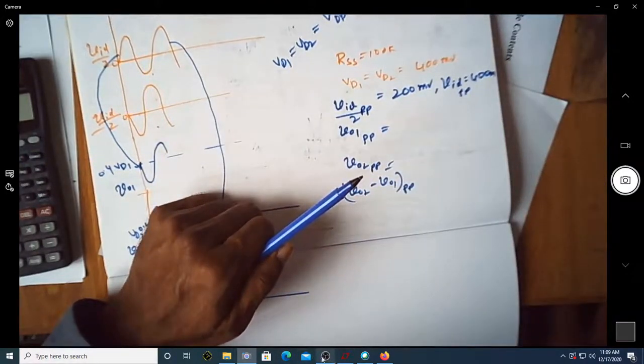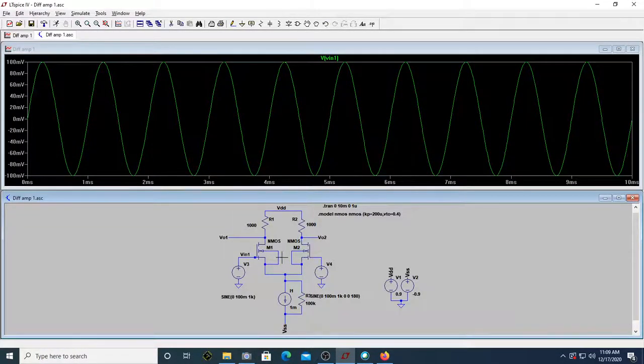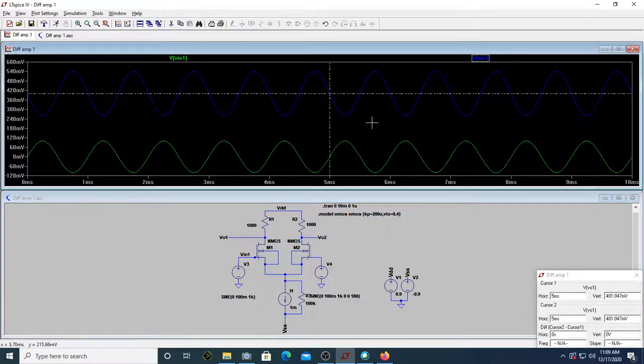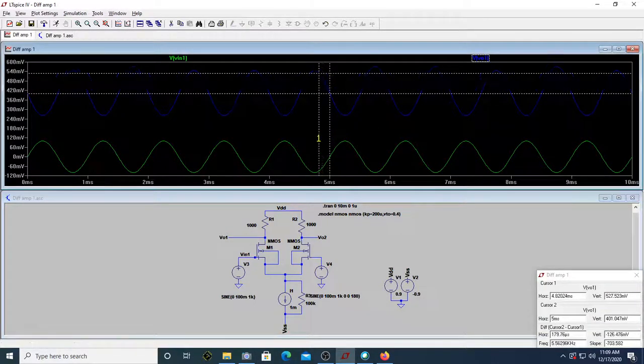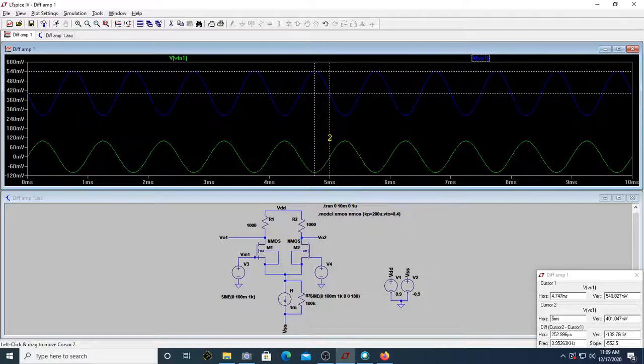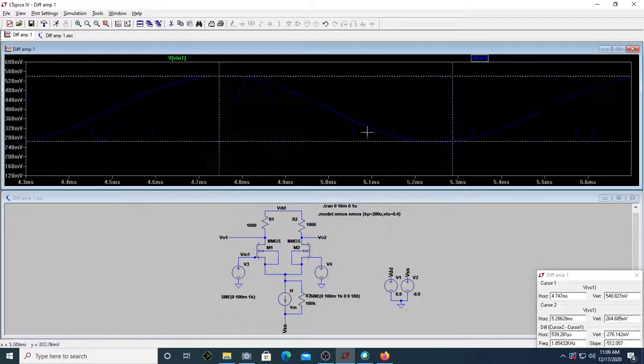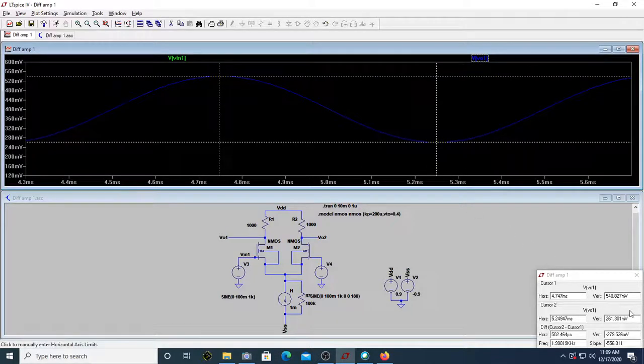Then what is V01 peak to peak? This is V01. Let me measure the peak to peak voltage of this. If you can see, it is 276. Or if I zoom in and measure it properly, you can see this is almost 278, 279 or 280 millivolt.